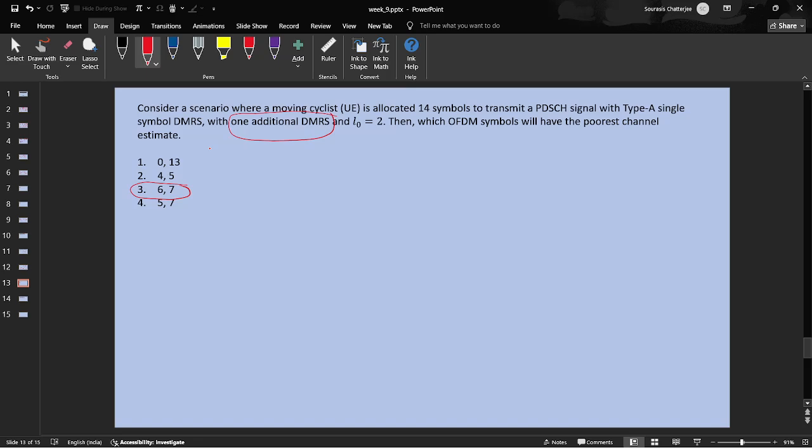Yeah, 13 will be poorest, but of course this option has 0 with that, and that cannot happen, so none of the options would be actually correct in that sense. But in presence of additional DMRS, it's 6 and 7. This one is the right answer.